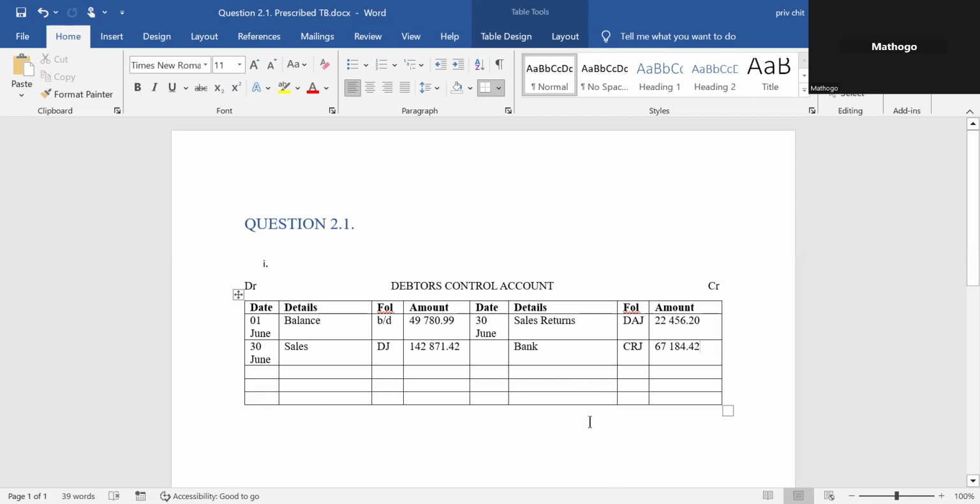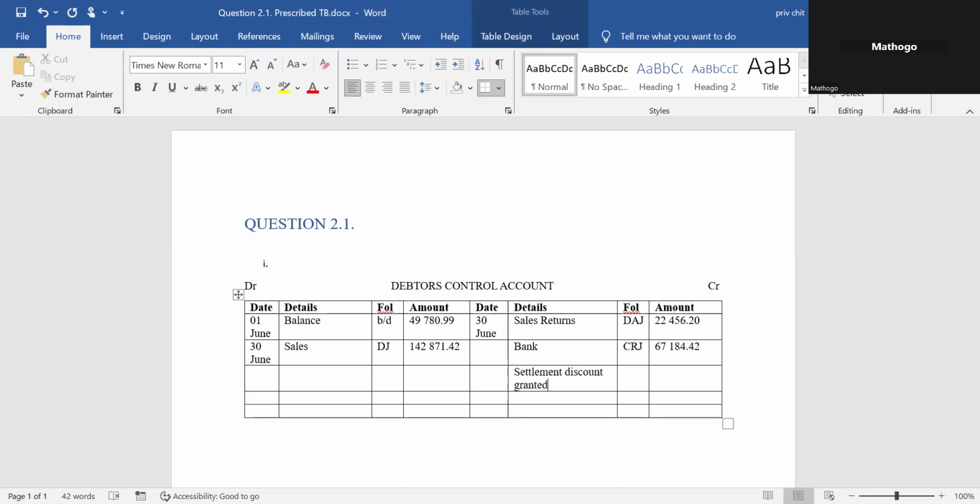All right. So from the next journal, what is the next one? General journal, right? The first one, what did you say about that first journal that you see in the general journal? The settlement discount. Which side is that supposed to go to? It goes to the credit side, because we offer discount.